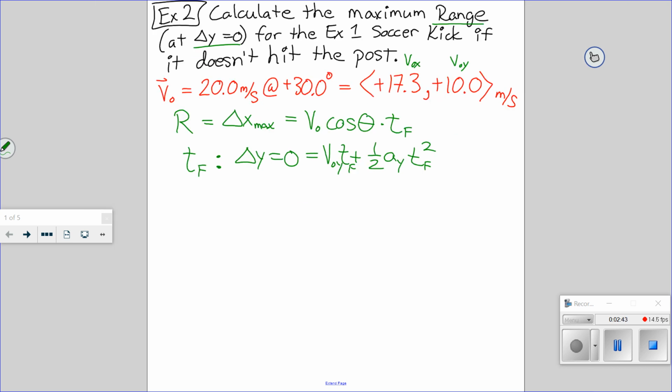So there I have my equations. I'm really going to exploit this 0.